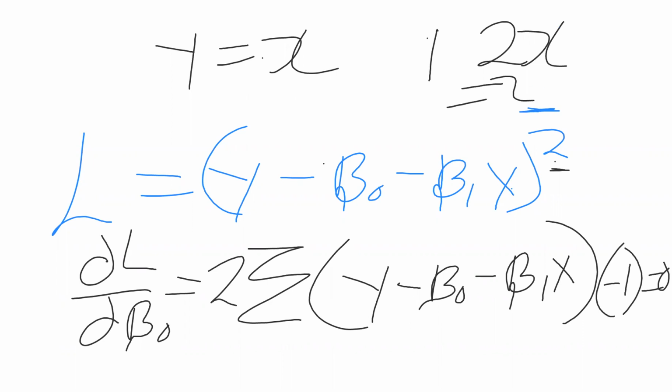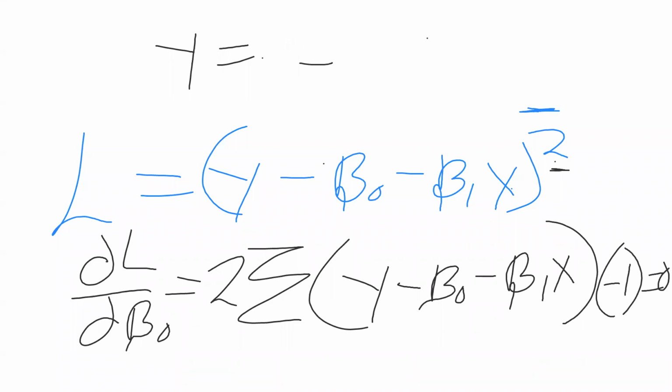Those are basics of the power rule. So when you are differentiating negative beta naught, it becomes -1. You just get the coefficient. The coefficient is -1. So that's the same approach that we are using here.